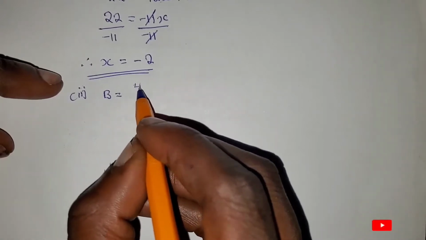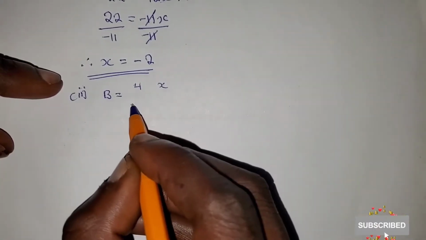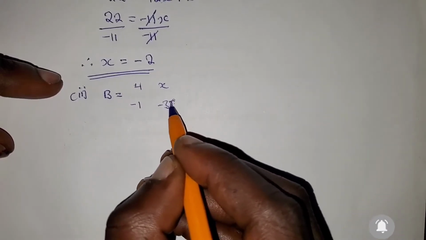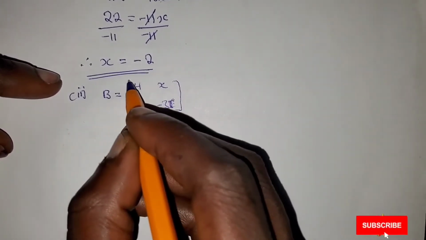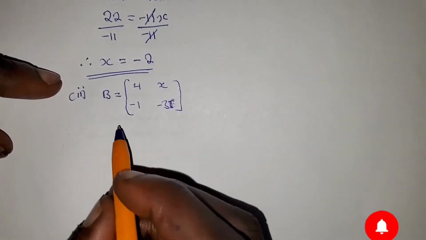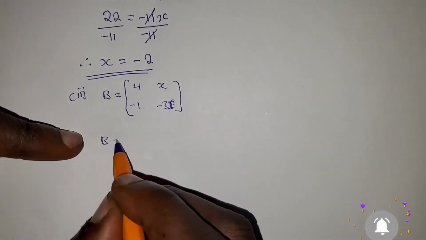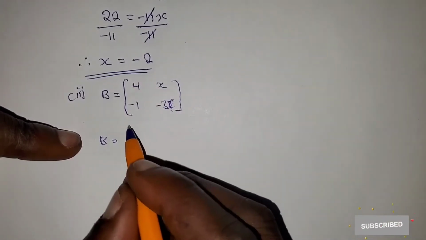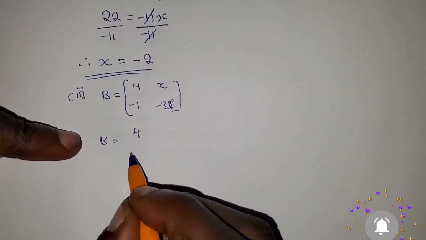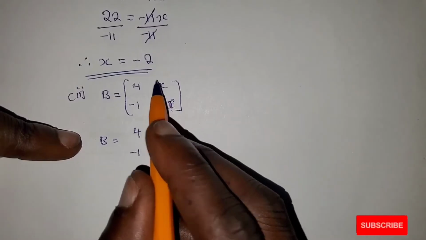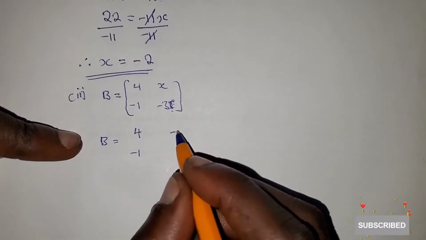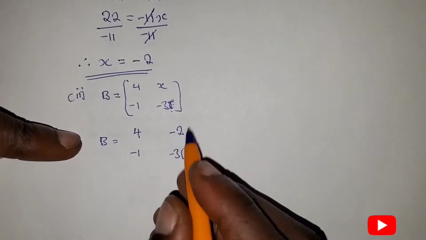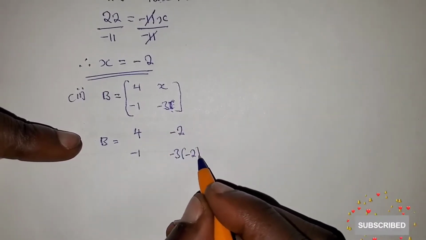Since this is matrix B as given in the question, now we need to substitute where there is x with the value of x, which is -2. So we're going to say here 4, the way it is, -1. This is x, and we substitute it with -2. This is -3. Then what is x? -2, like this.